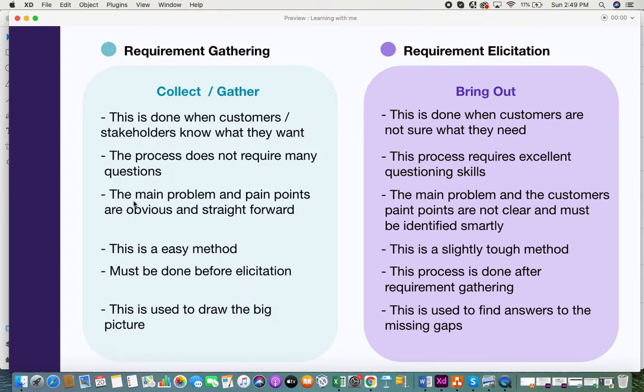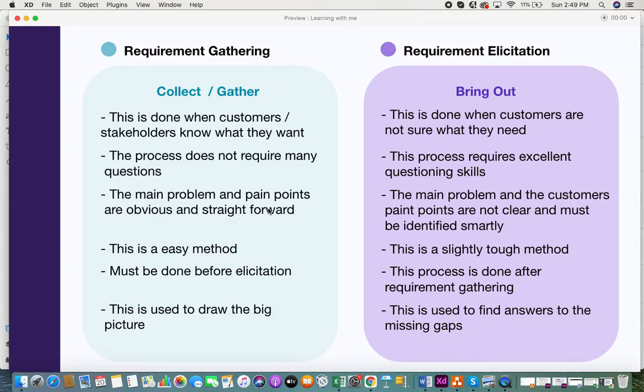The next one is that in gathering, the main problem and the pain points are obvious and straightforward. When the problem statement or the requirements are straightforward, the process you get involved in is requirement gathering.